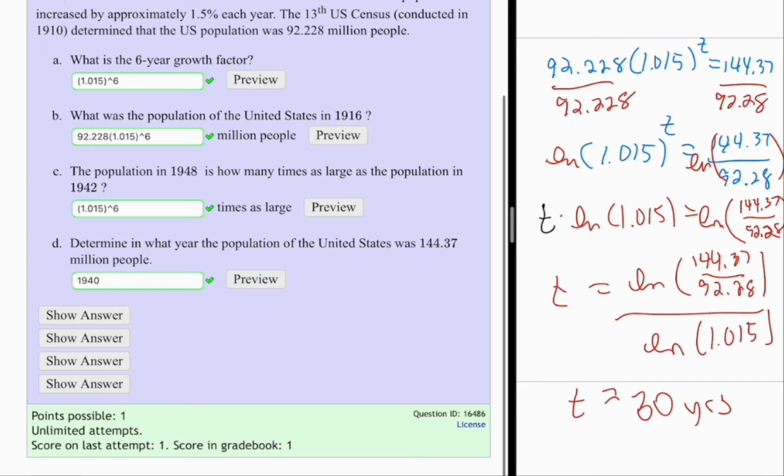It says the U.S. Census Bureau determined that from 1910 to 2010, the U.S. population increased by approximately 1.5% each year. The 13th U.S. Census conducted in 1910 determined that the U.S. population was 92.228 million people. What is the 6-year growth factor?